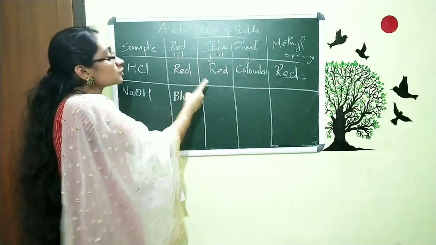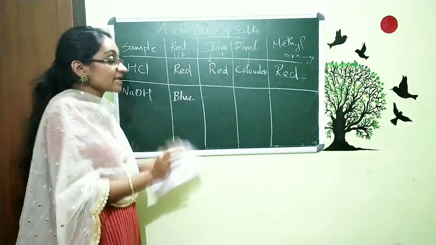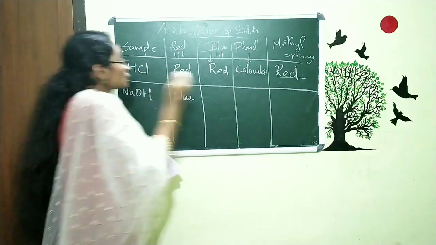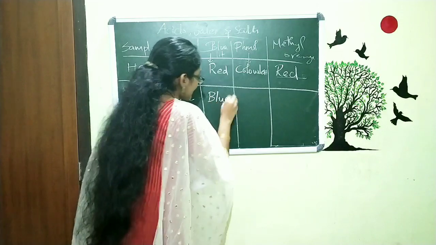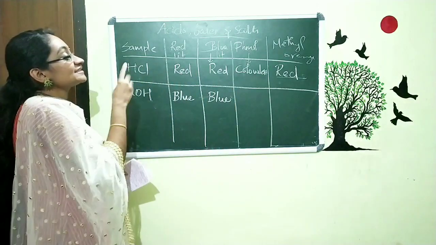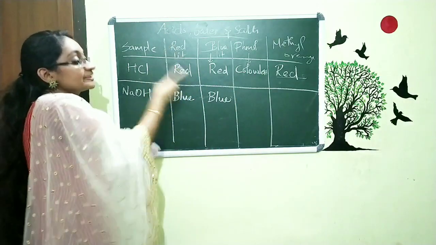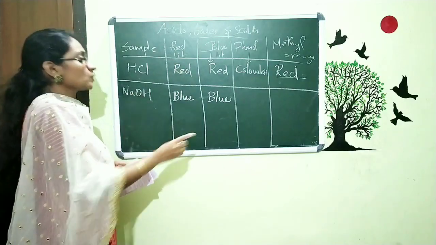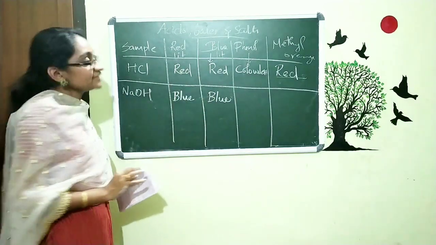And what about the blue litmus? No color change will occur. When the base interacts with the blue litmus paper, it will remain blue itself.